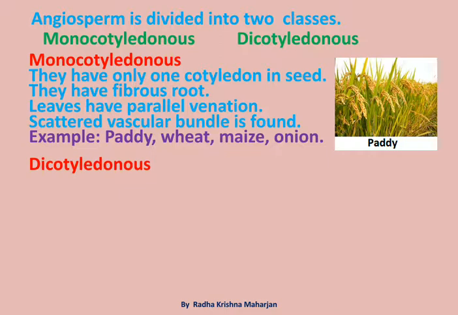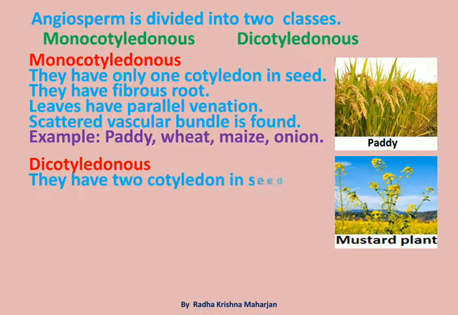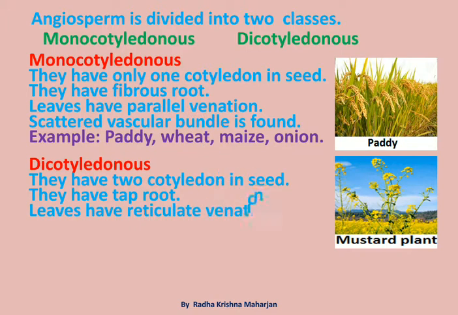Dicotyledonous. They have two cotyledons in seed. They have taproot. Leaves have reticulate venation.